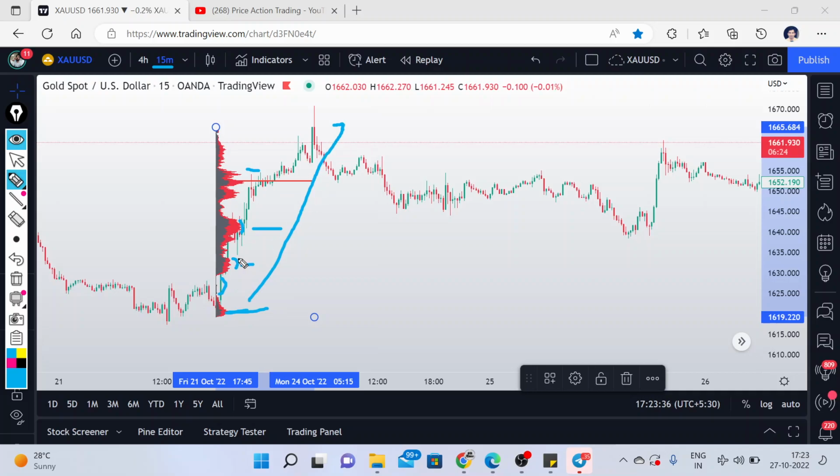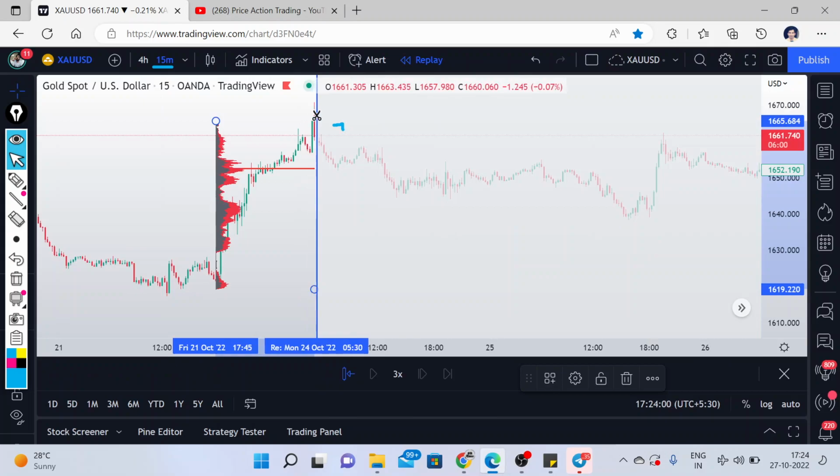In between this price range, you can see this is high volume, this is high volume. So you just have to mark those areas with high volume and those with low volume. If we don't know what is going to happen after this, let me show you what you have to do.